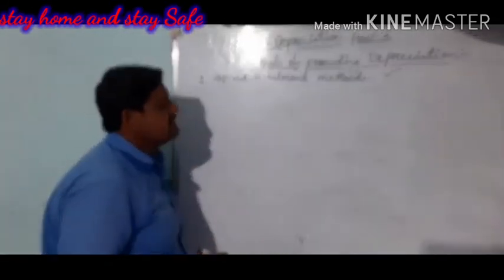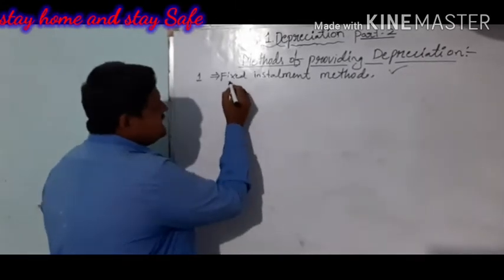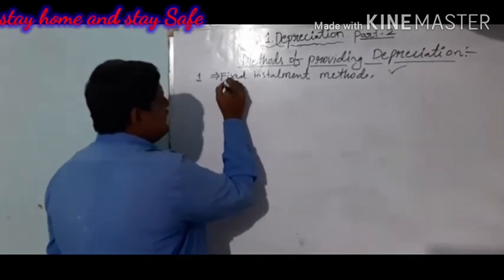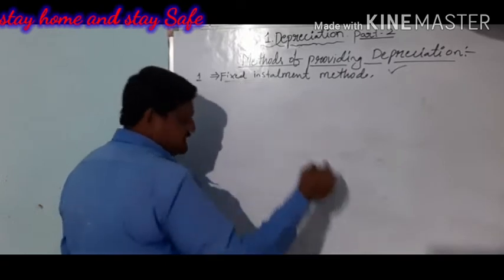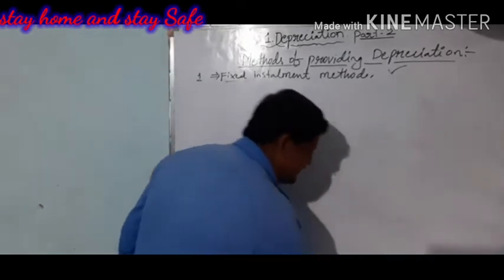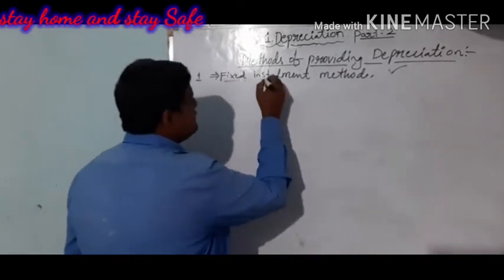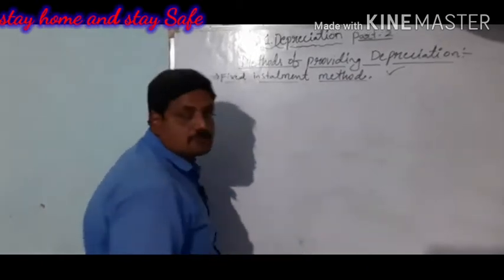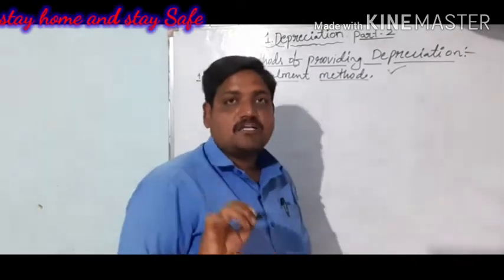The fixed installment method is also known as the original cost method, and it is also known as the straight line method. These are the major names.